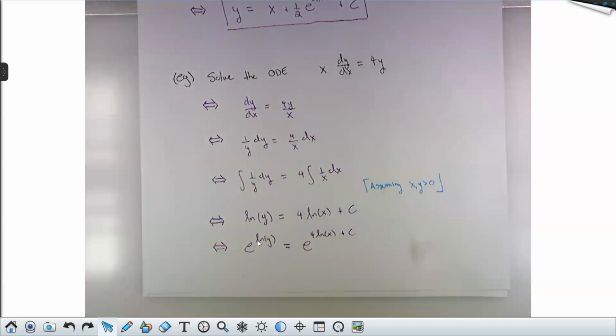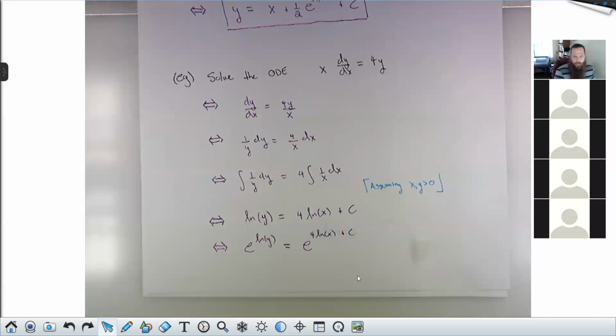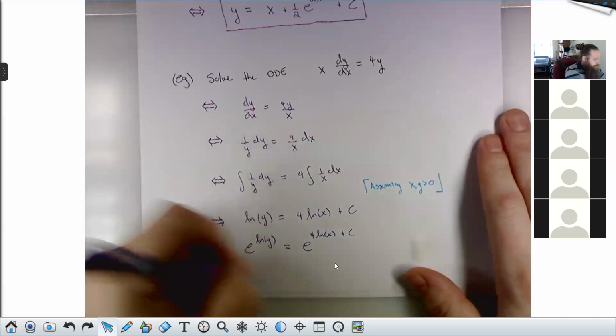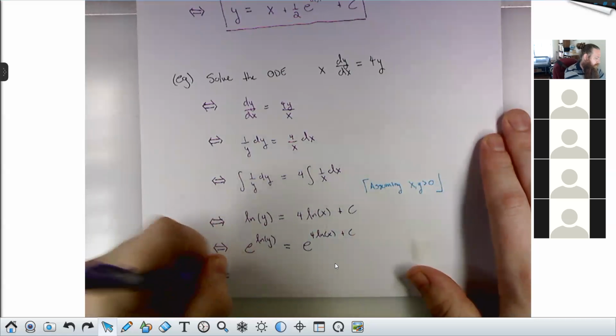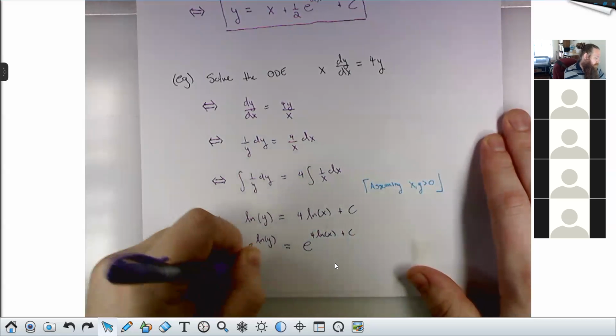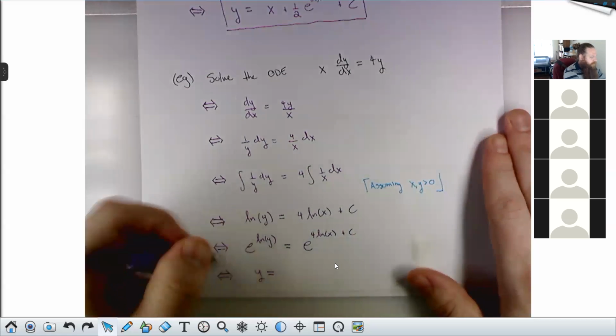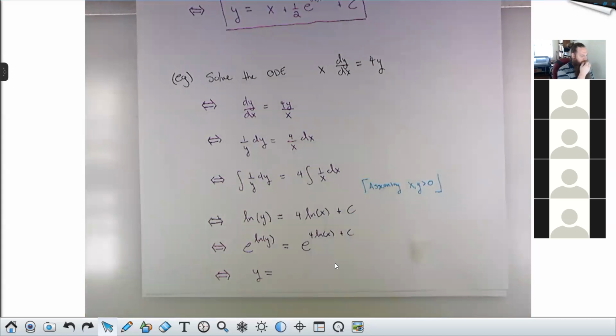We're just sticking both sides in the power of e. So it's one e on each side with everything. Okay, e to the ln of y, that's y. Can I clean up the right-hand side?